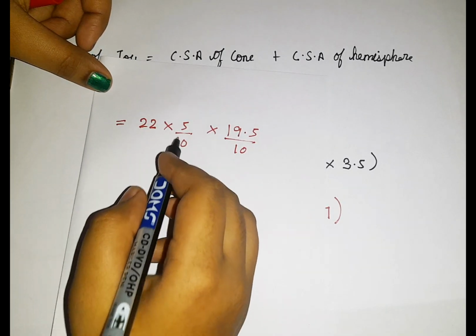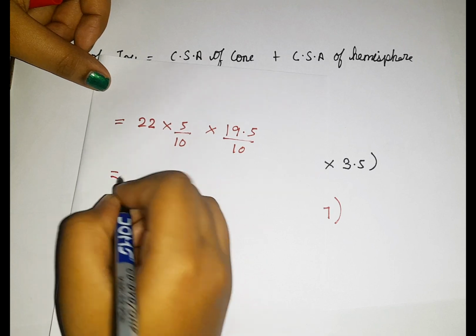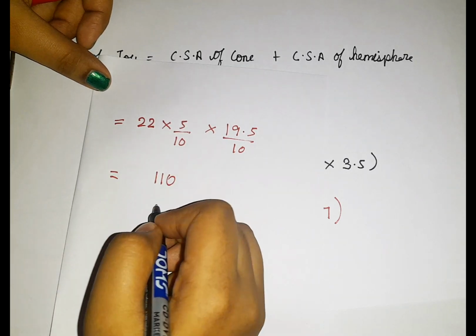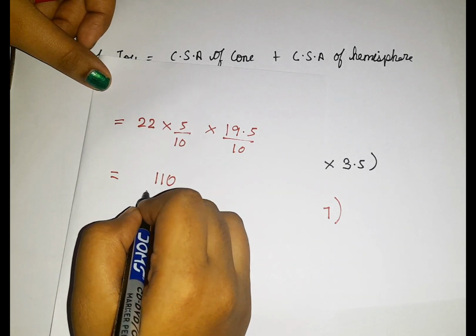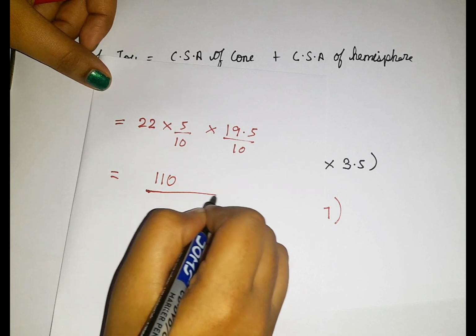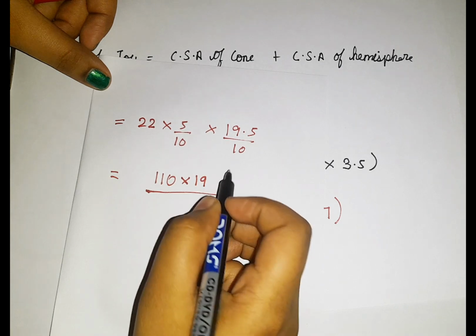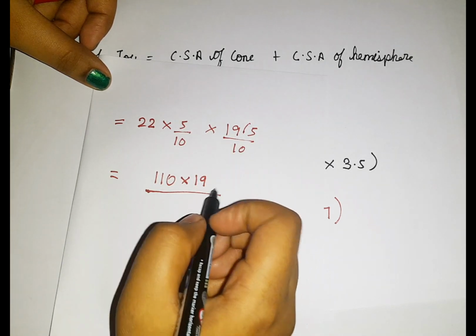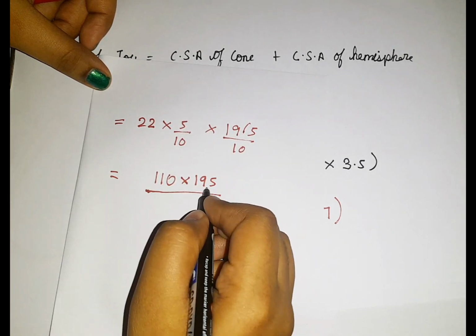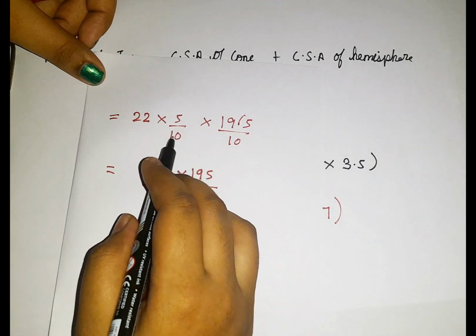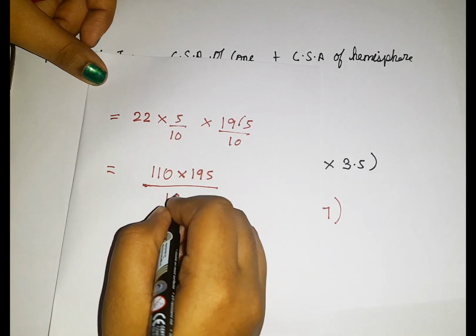Okay, so 22 into 5 is 110. And then we can actually write into 19.5. Since I took it now, I got 10 here, so I can just write 195. Here 10 into 10 is 100.